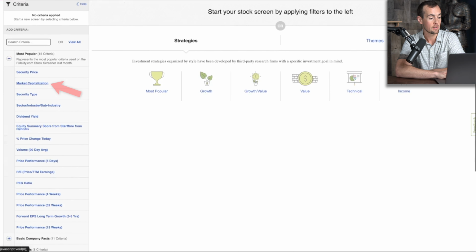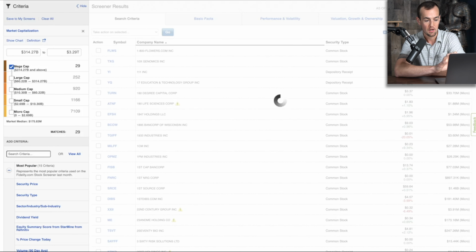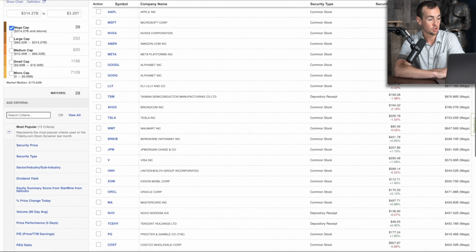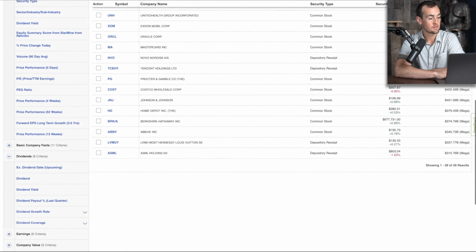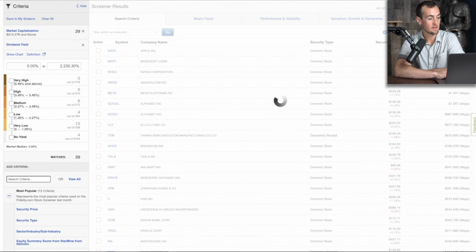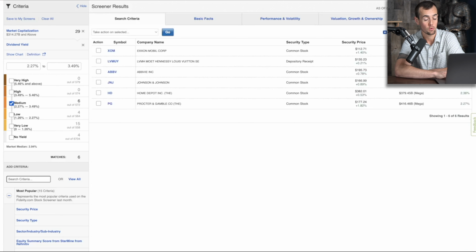For example, market capitalization. Let's say you were only interested in mega cap stocks. If you check that box, it's going to narrow you down now to just the 29 companies that are worth 315 billion and above. From here, if you wanted to add additional criteria, for example, if we look here at dividends, let's say you're looking for stocks based on dividend yield, you can click here and say that you're looking for mega cap companies with a medium dividend yield in excess of basically 2.25%.